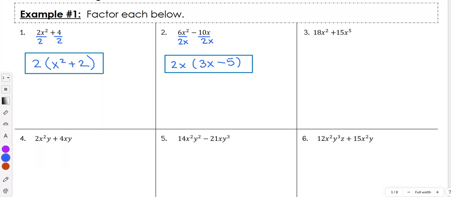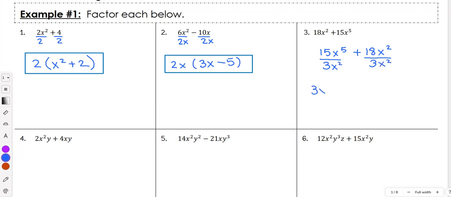The next one, I like to write it in standard form first. So I'm going to start with that. We got 15x to the 5th, 18x to the 2nd, right? It's not in standard form. Getting into the habit, it's one variable. We're going to write it in standard form, and then we're going to start this process. I can take out a common factor of 3 from the 15 and the 18, and an x squared from those x's.